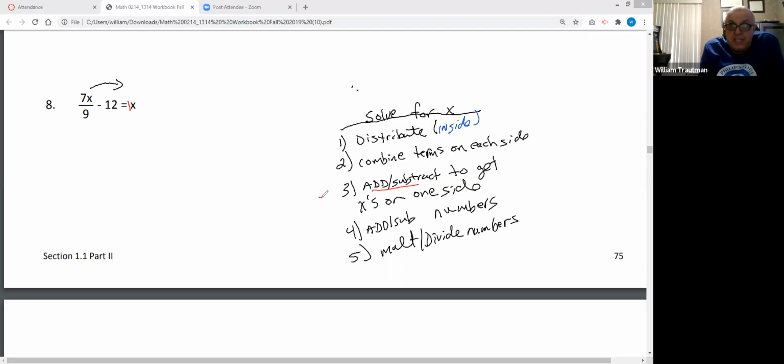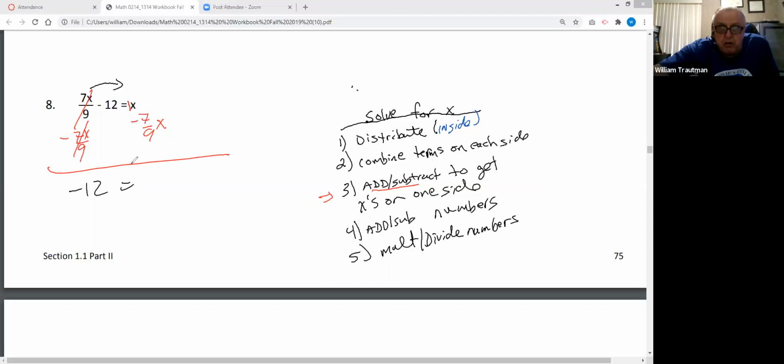So, and we're on step 3. 7/9 x is positive. The way to get it to the other side is subtract 7/9 x. Subtract 7/9 x. That turns to 0. I am left with -12 on the left.